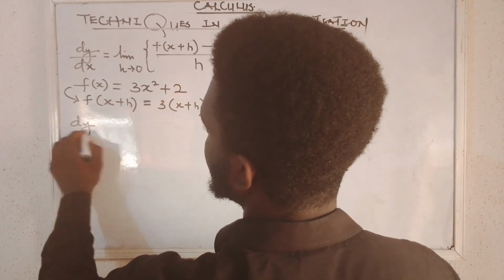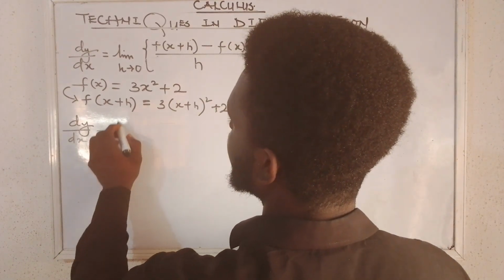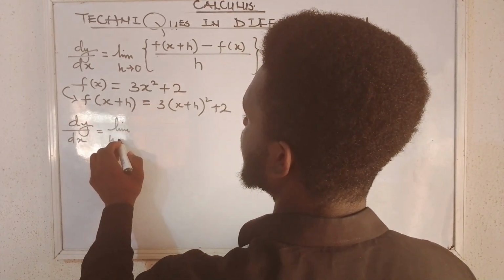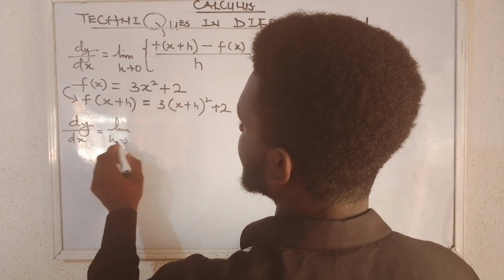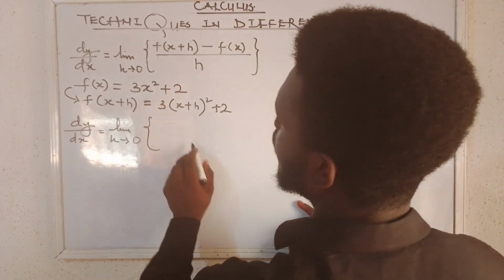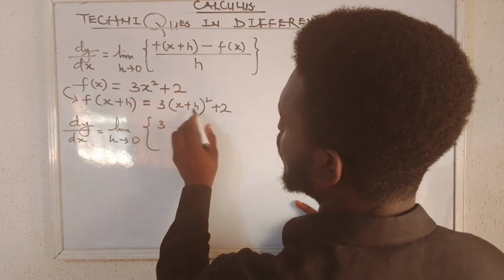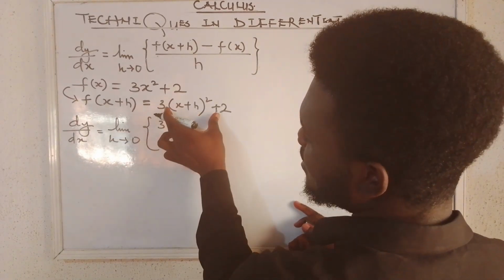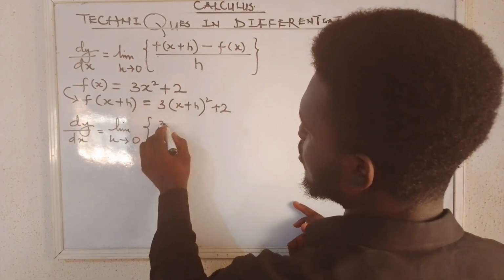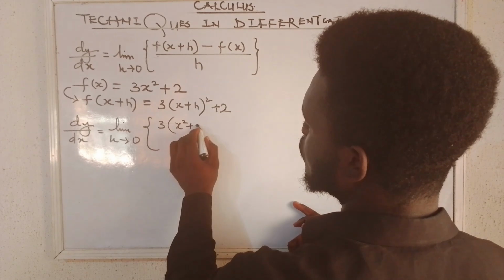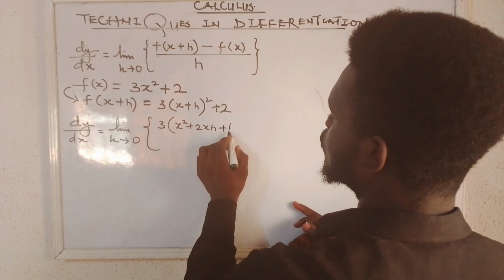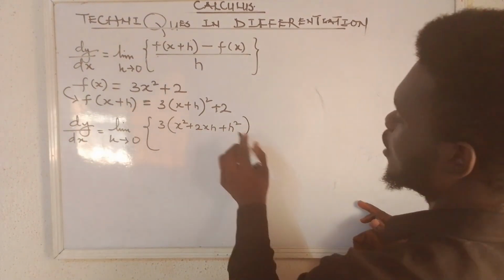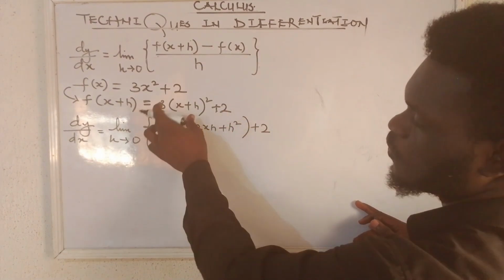So we have dy/dx as the limit as h tends to 0. The function of x is this, and the function of x plus h is this. But instead of writing this, you can just expand immediately: x squared plus 2xh, plus h squared, then plus 2, because don't forget we expanded.